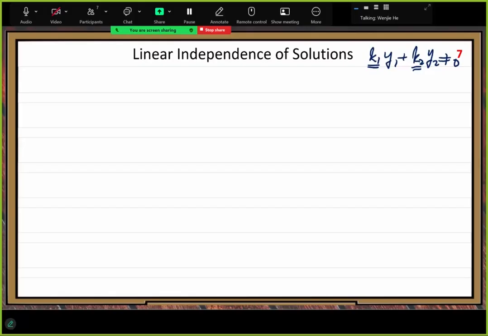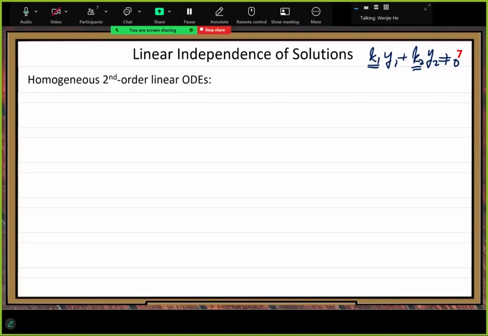So that's the linear independence for two functions y1, y2. But here we need to extend this definition for n functions.